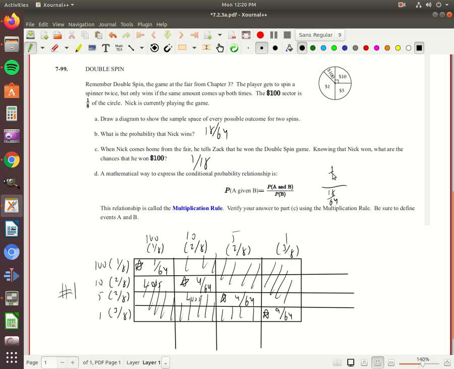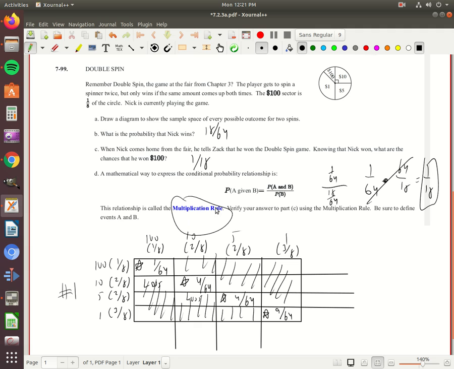It's 1 out of 64, right? There's a probability of getting these two things to happen as 1 out of 64. And then the probability of winning it all is 18 out of 64. So now I will divide these. But again, we never divide fractions. We always multiply reciprocals. And there you can see I have a 1 in 18 chance of winning $100.